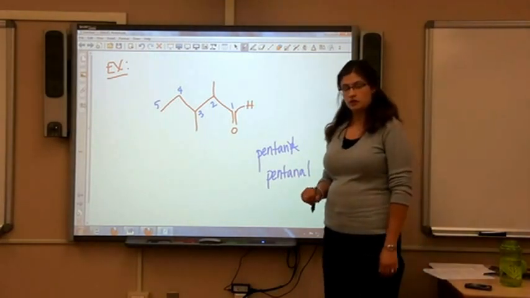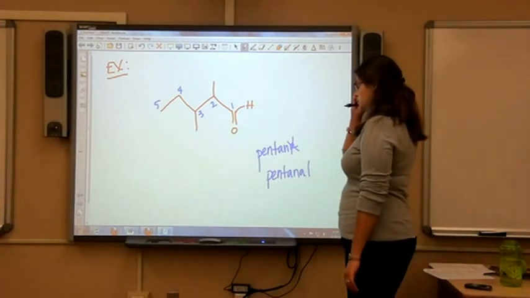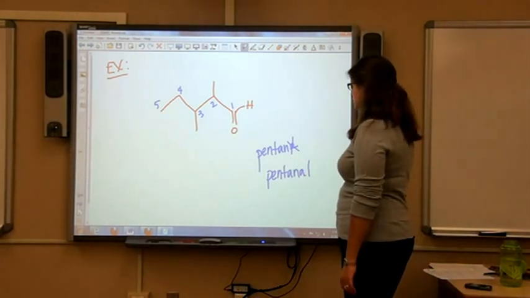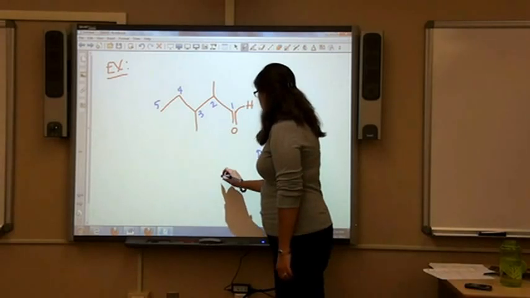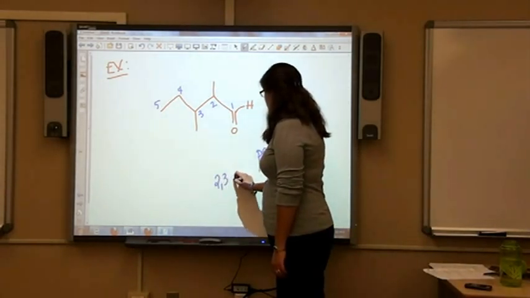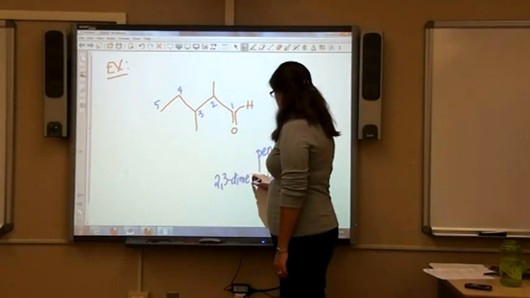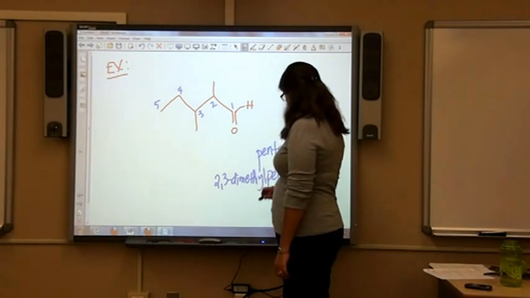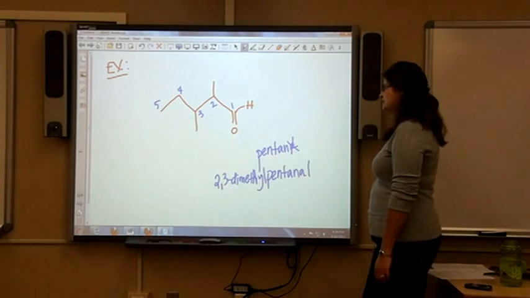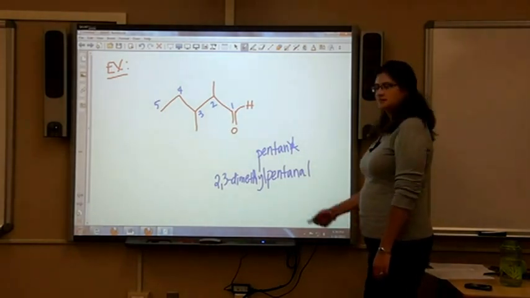Pentanal is how you pronounce that. Okay, now there are substituents, so we have to put those in and alphabetize. It looks like we have 2 methyl groups. So we're going to call this 2,3-dimethylpentanal. That's that aldehyde.